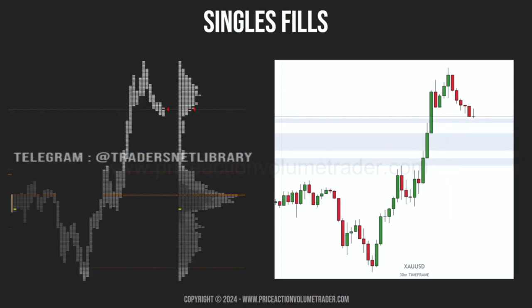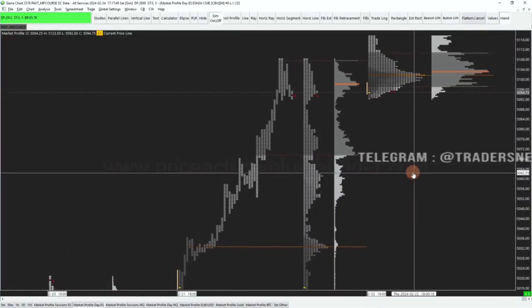Now, some of you might be familiar with what they call smart money concepts in price action. There's a pattern that they talk about there called the fair value gap.